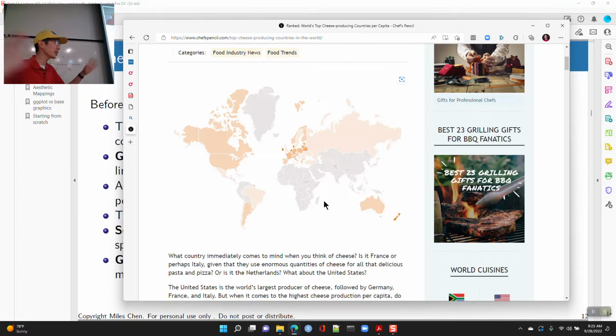There are all kinds of factors, but one of the key things is the ability to process lactose, genetically. Europeans in general are able to process lactose, while people from Africa and Asia are a little more likely to have lactose intolerance or sensitivity. And so you're going to be eating less cheese.